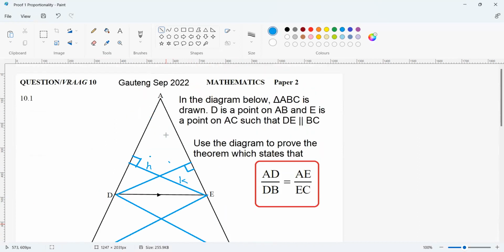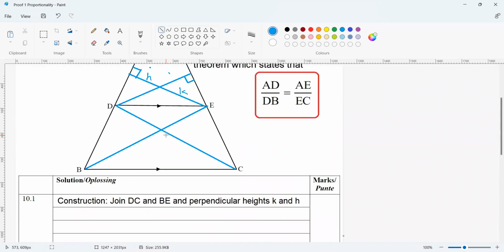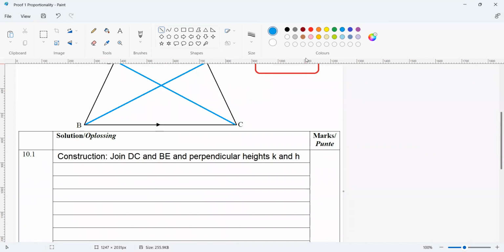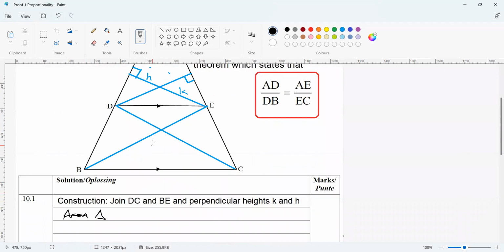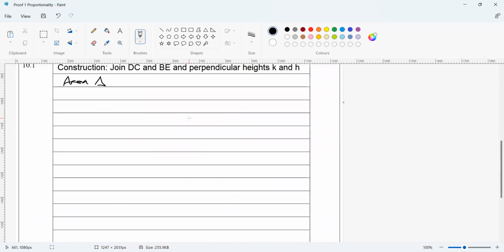So now we can start to do our proof, and we will use area. So we will say area of triangle, and we'll start to work with triangle ADE over area of triangle BDE.